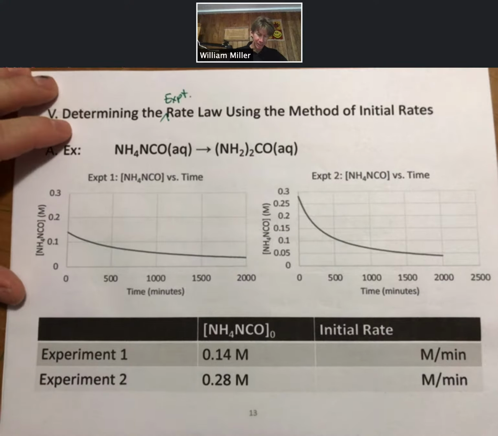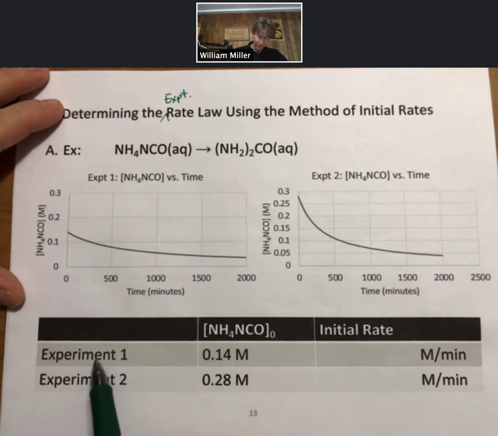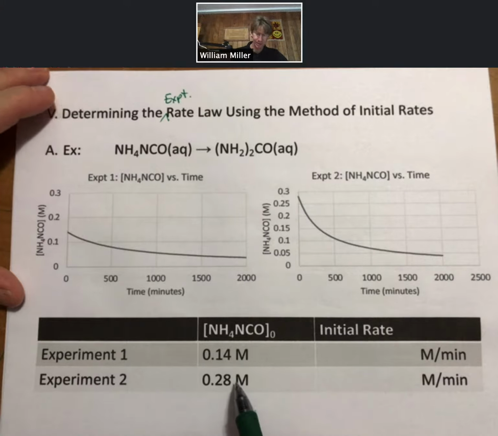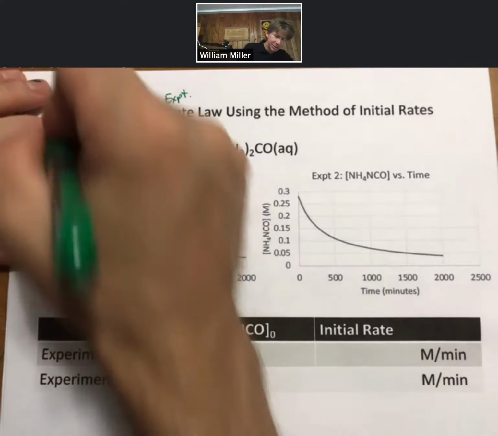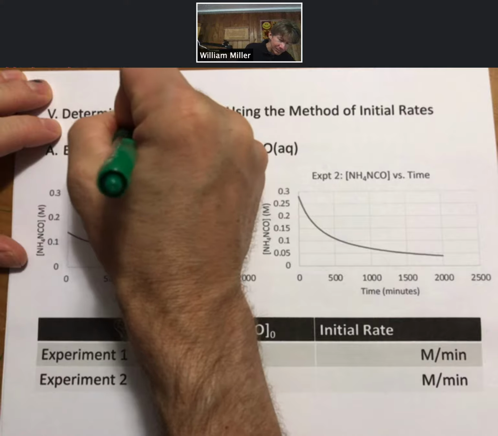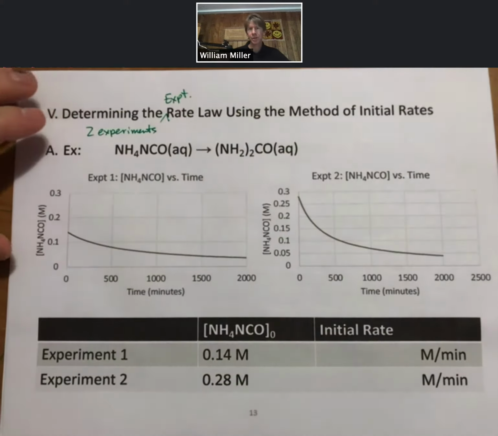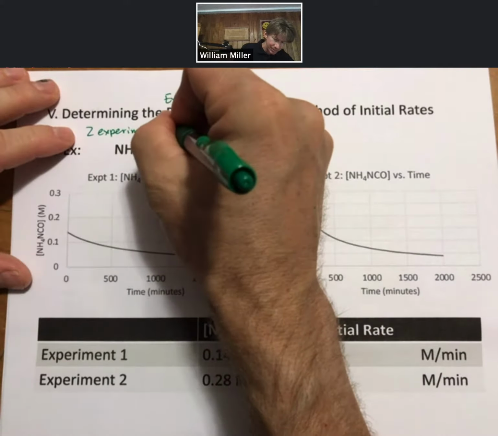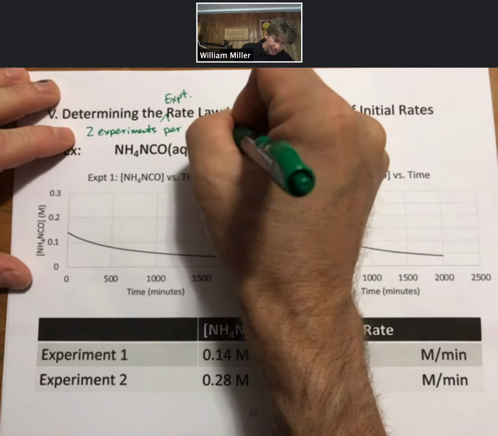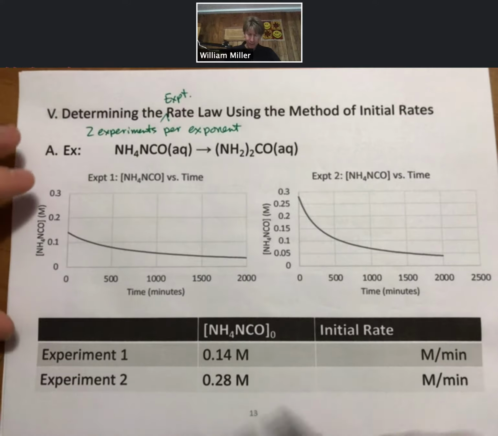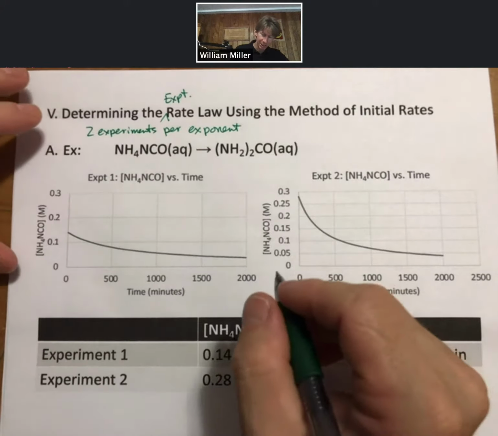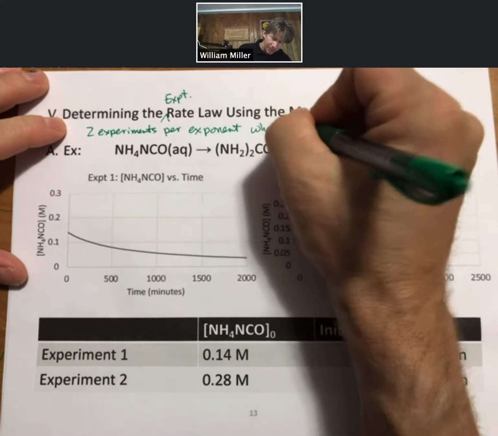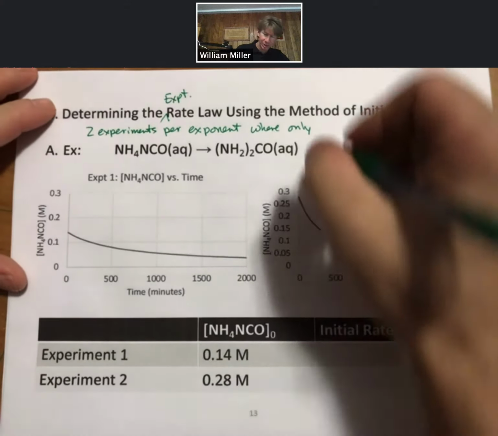The method of initial rates says do 2 different experiments with 2 different initial concentrations, and sometimes you'll have to do more experiments, but it'll actually be 2 experiments per exponent, where the only concentration that changes is the one that you're trying to determine the exponent for. Where only one concentration changes.